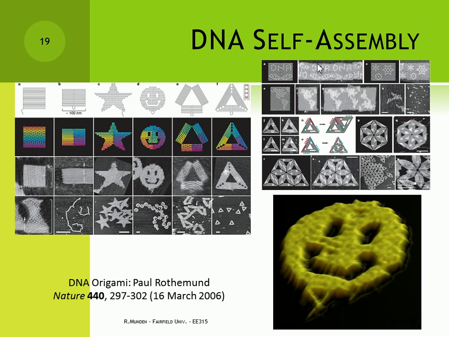So the images you see here are exactly that. Paul Rothemund, who developed this technique, built a computer program that would analyze any image and turn it into a raster, which he could then basically unwind line by line, and the computer would calculate where the complementary pairs of DNA bases needed to be, such that when you stretch out one long strand of DNA, put it in a test tube full of water and shake it up, the DNA naturally folds up, just like double helixes in DNA, where they want to bind to each other, right, in the right locations as long as they're keyed to each other properly.